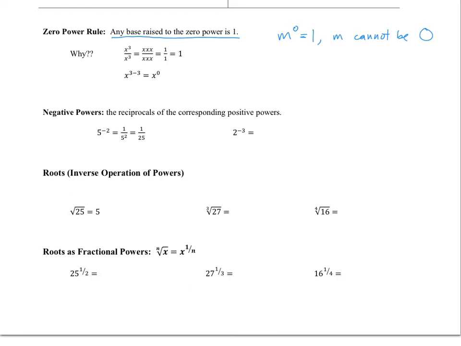We know that if you have x cubed over x cubed, anything divided by itself will cancel out to be 1. Now, if you think of this a different way, I'm going to use a different color. If you have x cubed divided by x cubed, and you do what we did above with the subtraction, this would be x to the 3 minus 3.